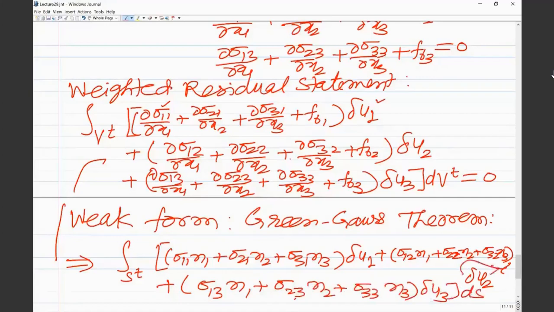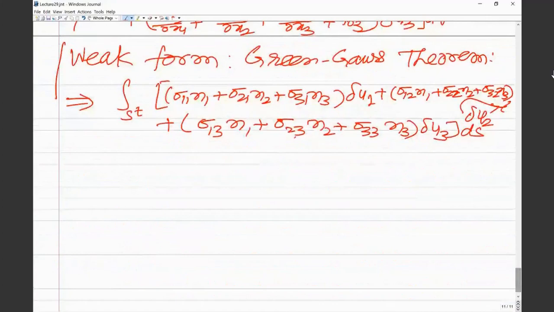This term is going over there. So this is the first set of terms, and then you get a second set of terms where you have the volume integral, integral over volume Vt. This is St, the current area.